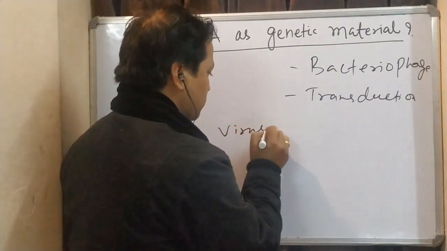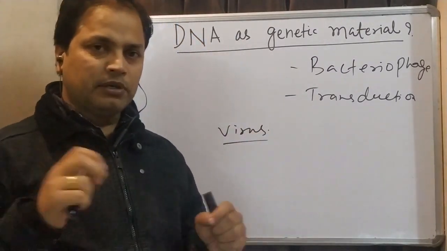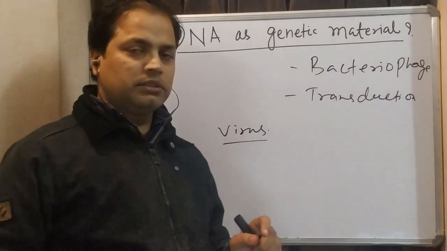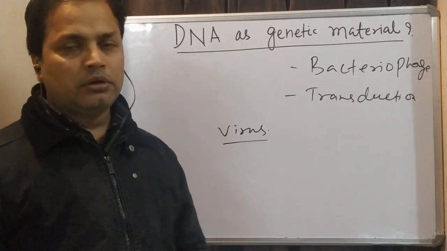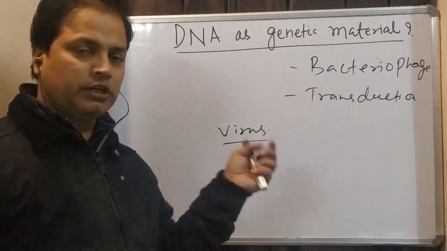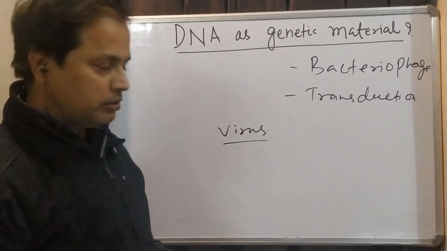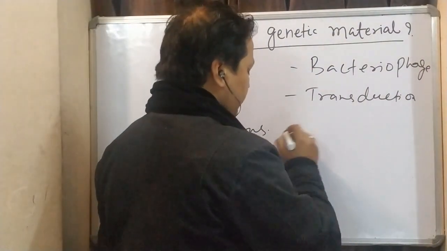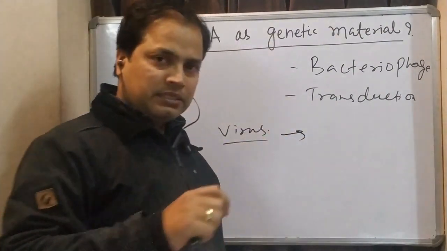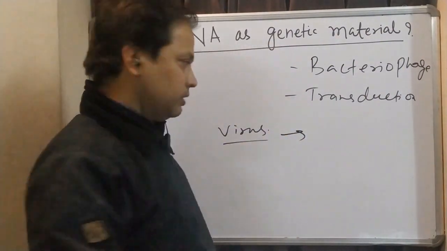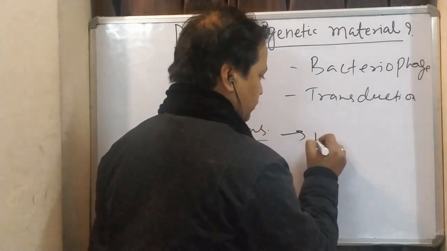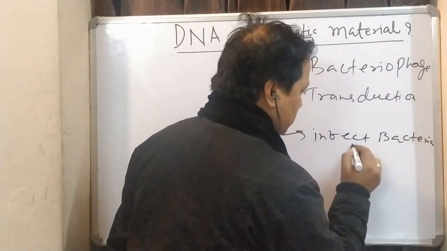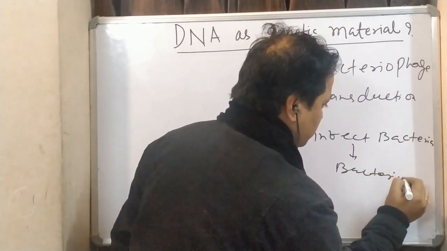We know that virus is the connecting link between the living and non-living, which can infect almost all things, from bacteria to humans, and other organisms and plants also. Those viruses which can infect bacteria are called bacteriophage.